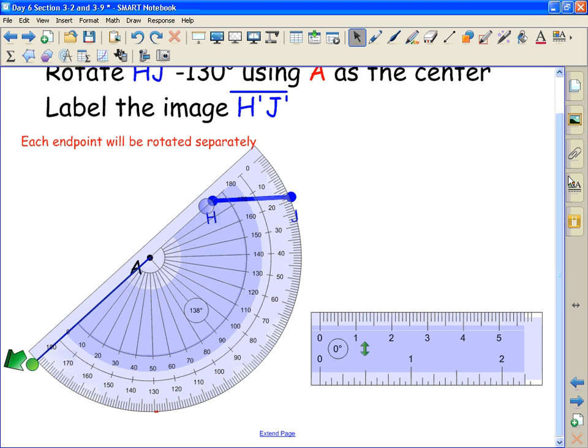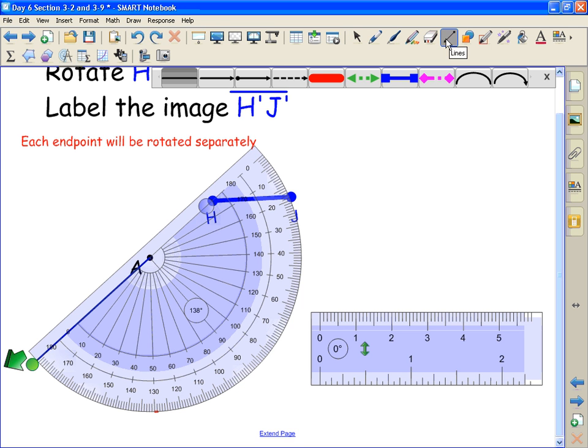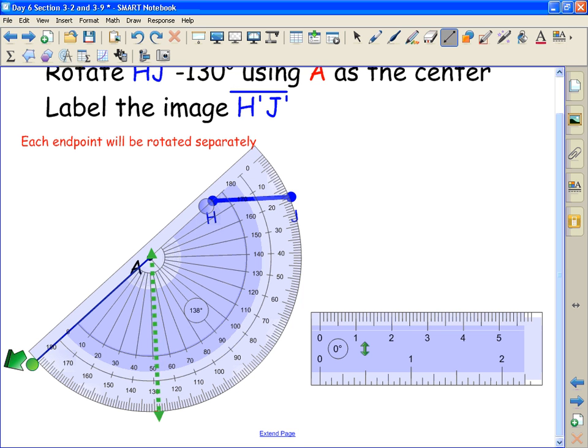Once you did that, you can then draw a line. I'm going to draw myself a dotted line, a light faint dotted line that's going to connect A to where 130 degrees is. What I know is when I rotate point H 130 degrees, it is going to be somewhere on that green dotted line that I have drawn there.